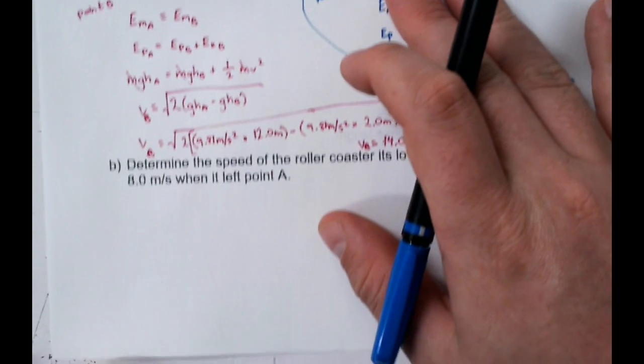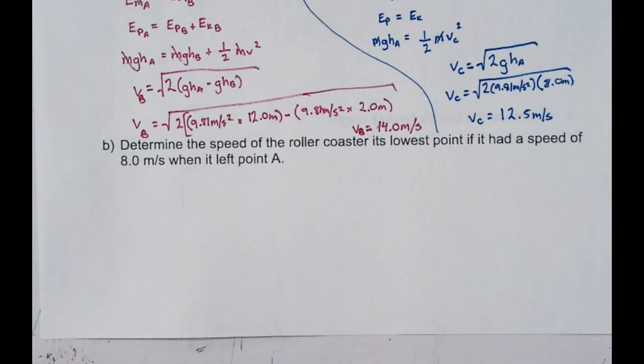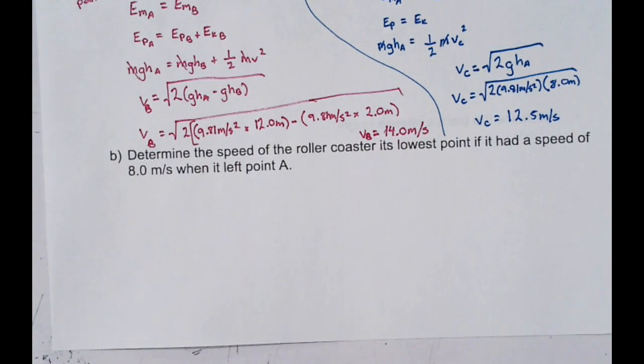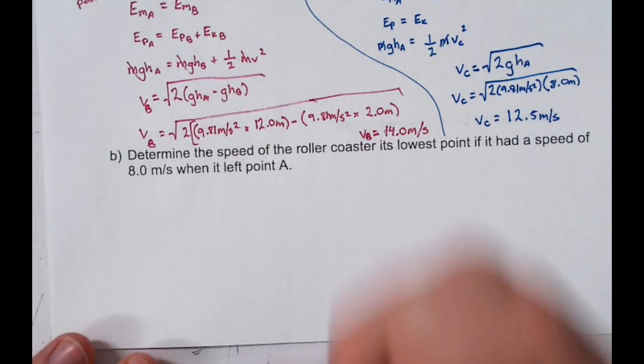The last question in this wants us to determine the speed of the roller coaster at the lowest point if it had a speed of 8 meters per second when it left point A. So now, at point A, you start with an initial speed.